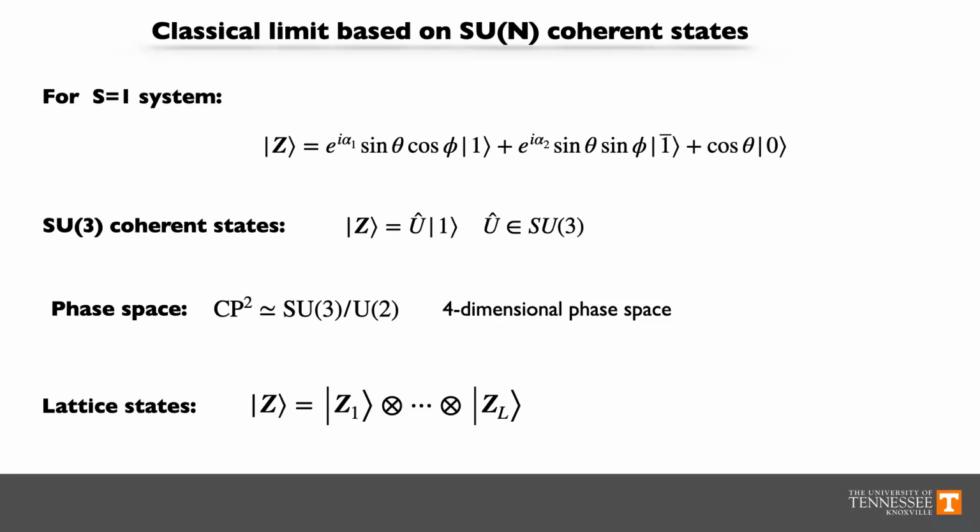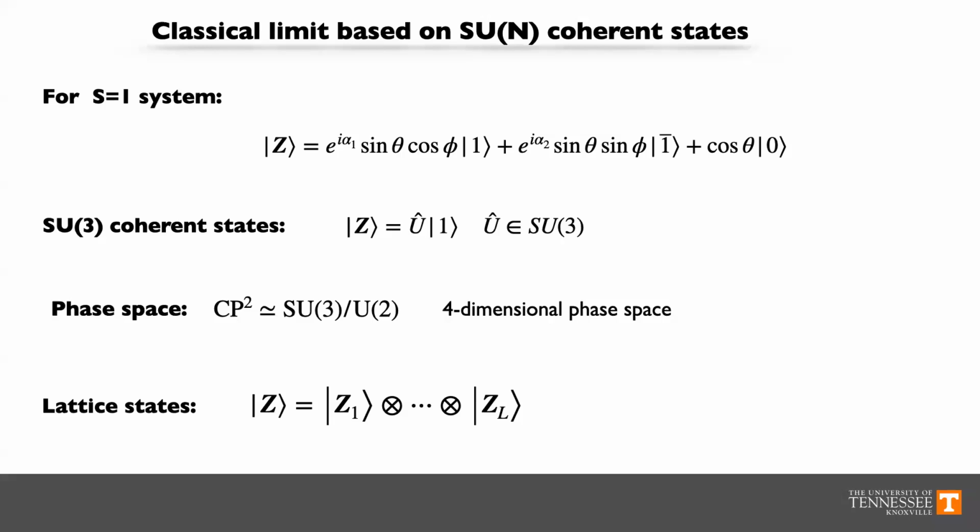And now, something that I didn't explain before, but let me explain it now: there is a subgroup of transformations that will leave this state invariant up to a phase. In the case of SU(3), that subgroup is U(2). So there is a subgroup U(2) of transformations that will leave this state invariant.